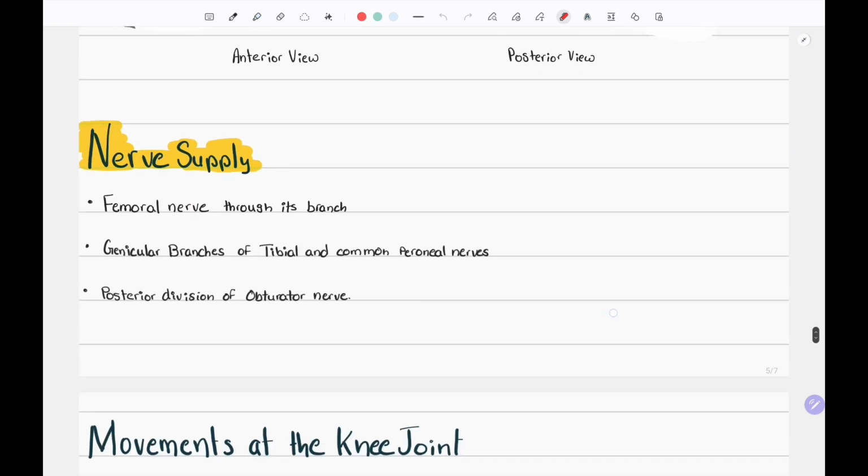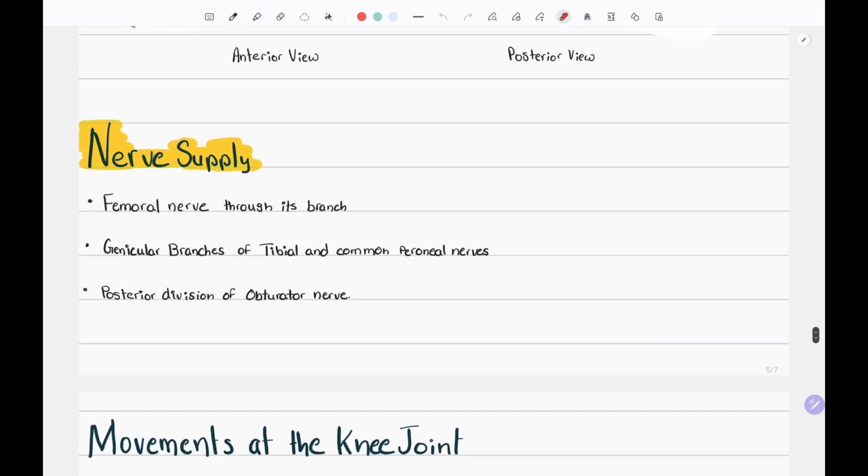Now coming to the nerve supply. The way I used to remember the nerve supply of the knee is through a mnemonic called NEEDED OTP FAST. Here N stands for nerve supply, O stands for obturator nerve, T stands for tibial nerve, P stands for common peroneal nerve, and F stands for femoral nerve.